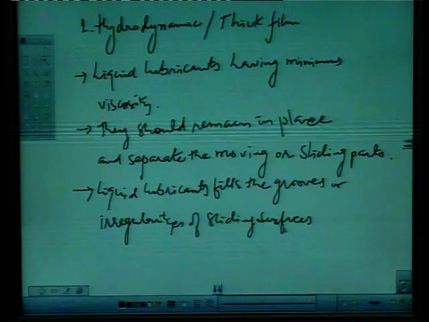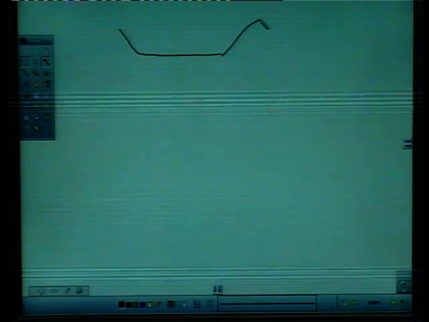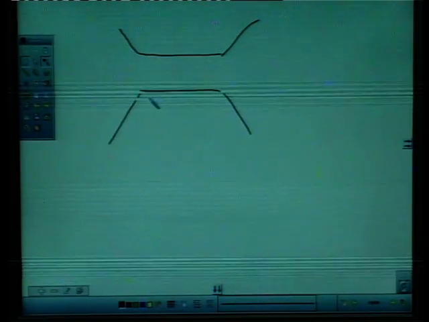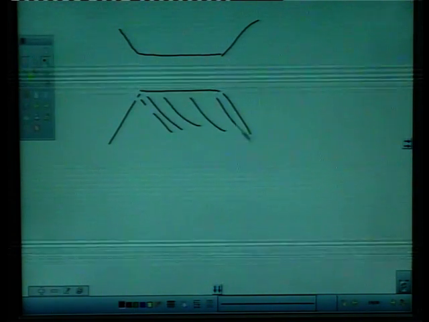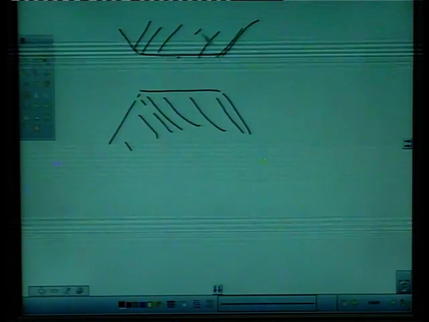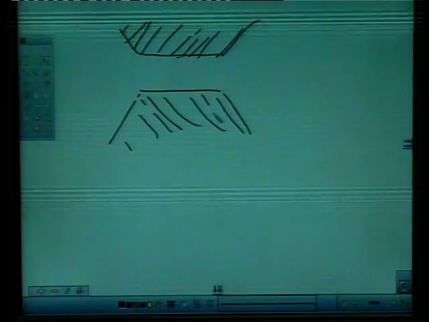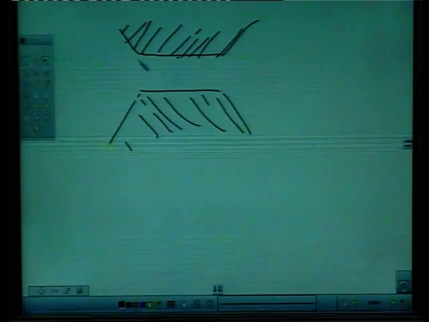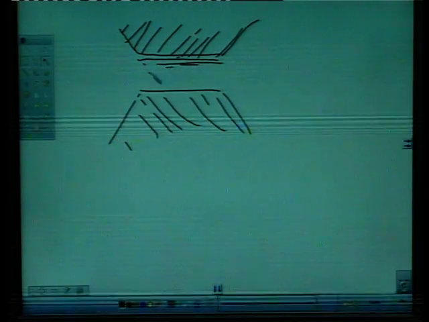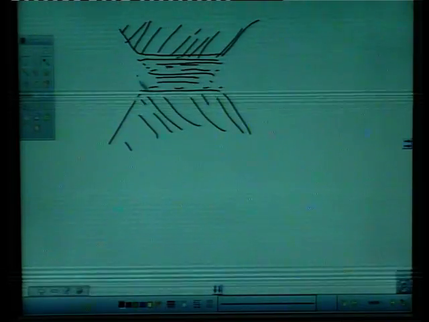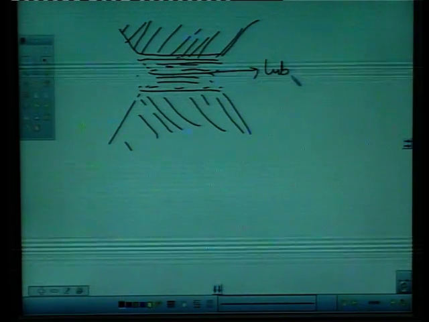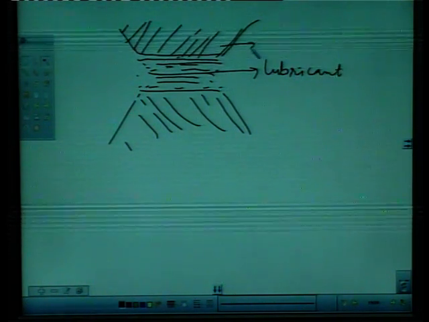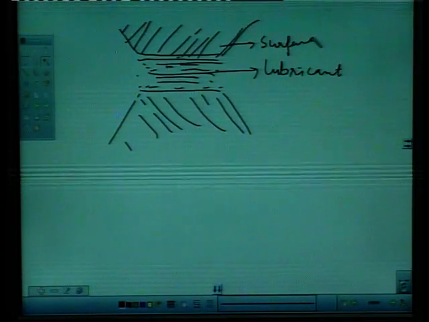I will draw this type of lubrication. These are two surfaces, and a thick layer of lubricant is inserted between them.